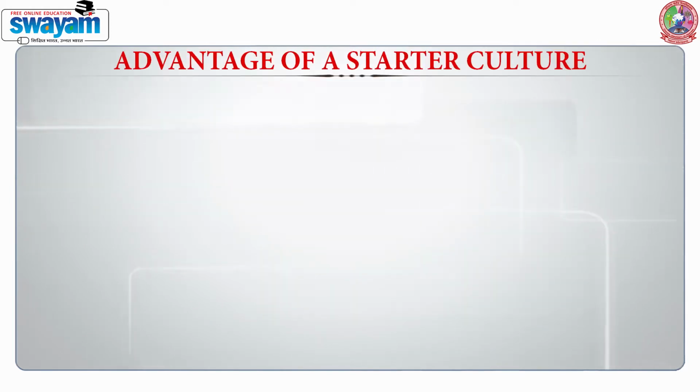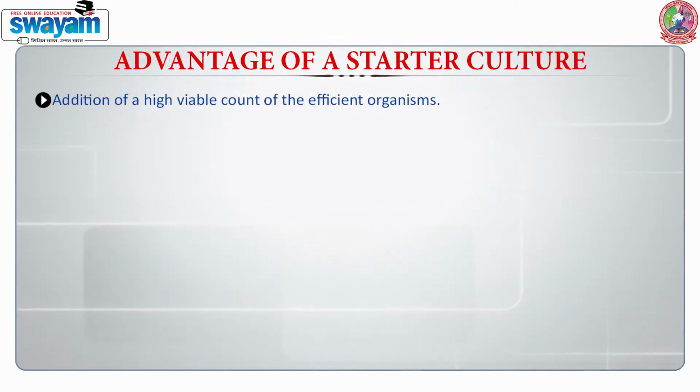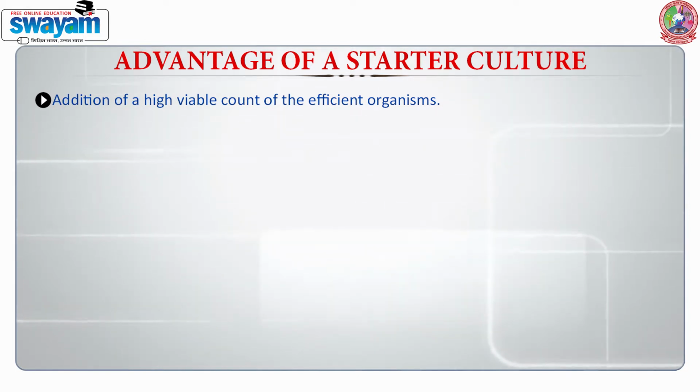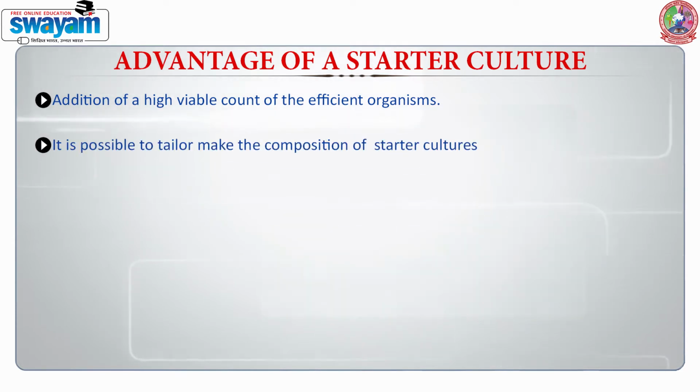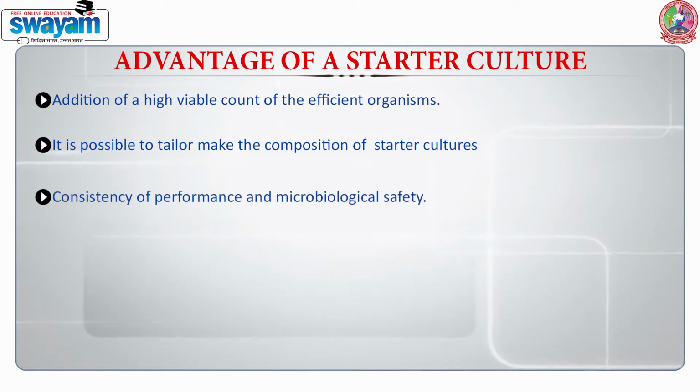Now, let us look at what the advantages of a starter culture are. The most important factor is the high viable count of an efficient organism. It is also possible to tailor make the composition of the starter culture, improve the consistency of their performance, and also impart microbiological safety.